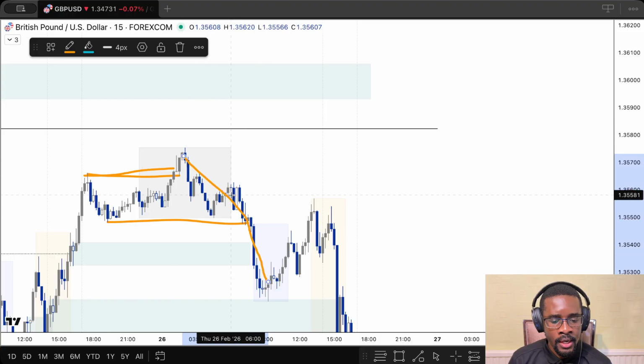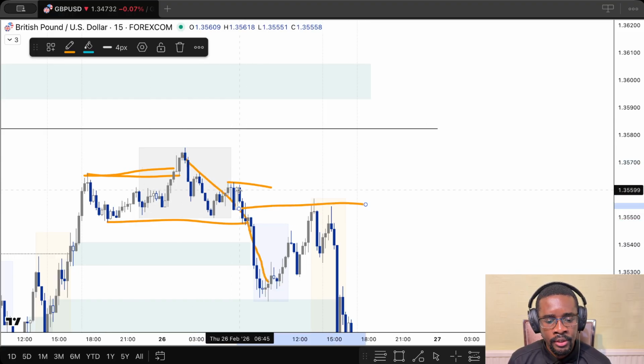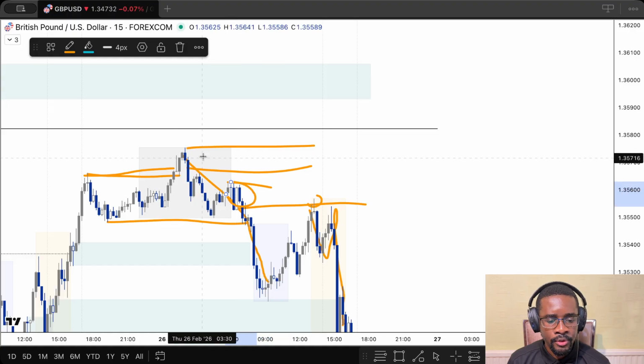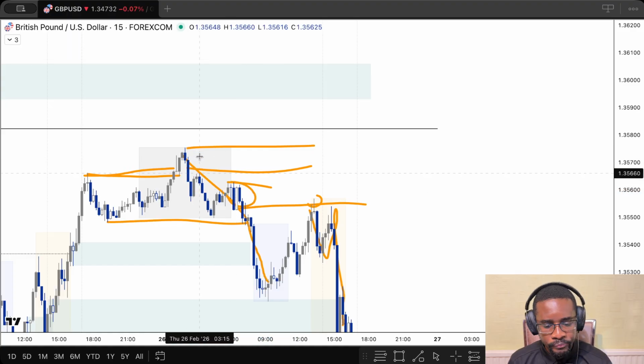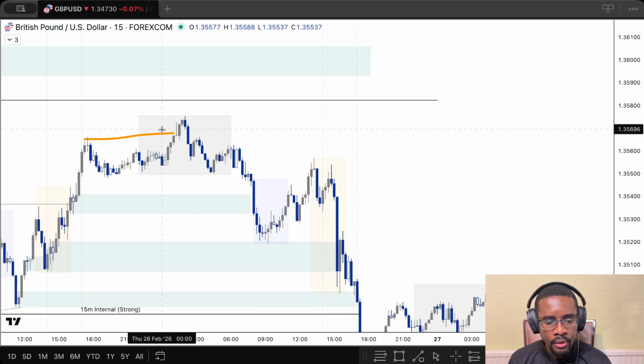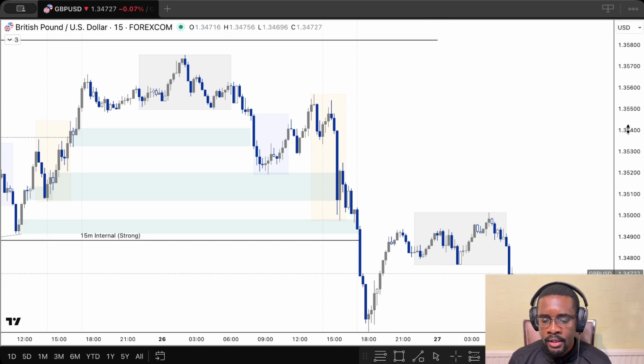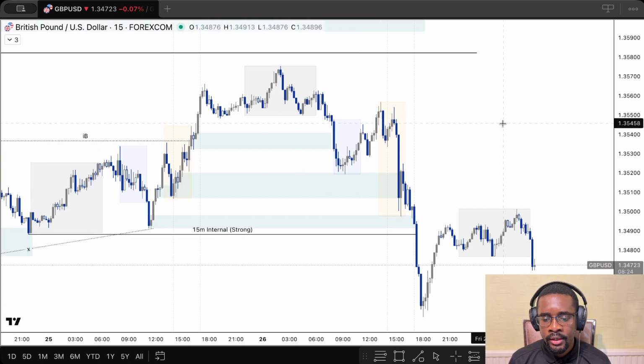Once that happened, this was likely an area where price could come in and mitigate, give a reaction, and then eventually continue, because this would be the decisional, this would be the extreme. So you should be looking at price with both scenarios for buys and for sells, and then make a decision accordingly and react to what price is doing.